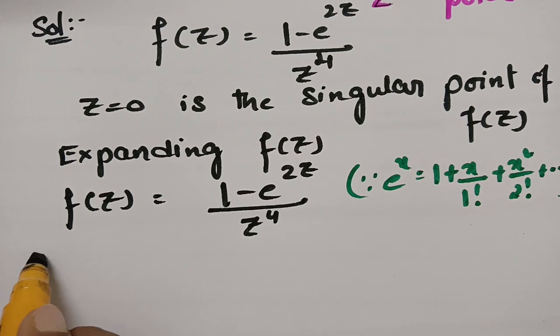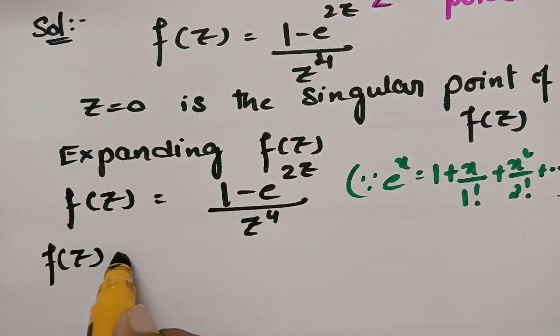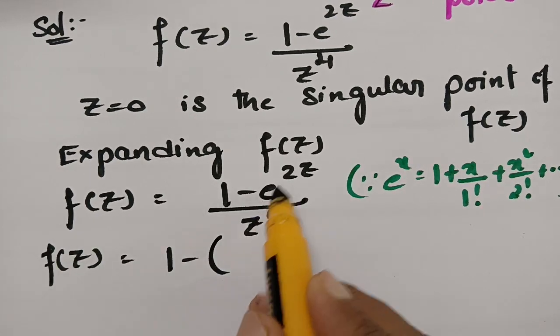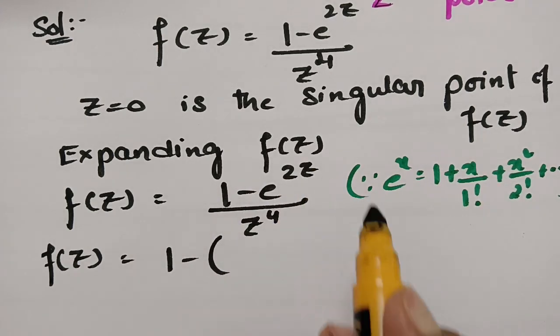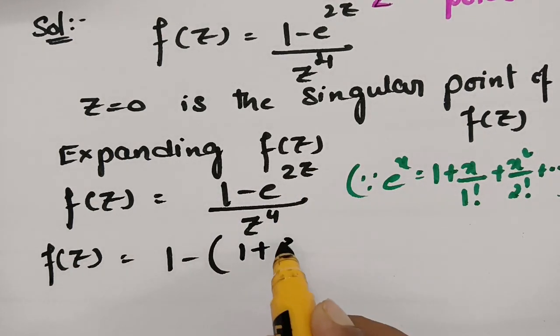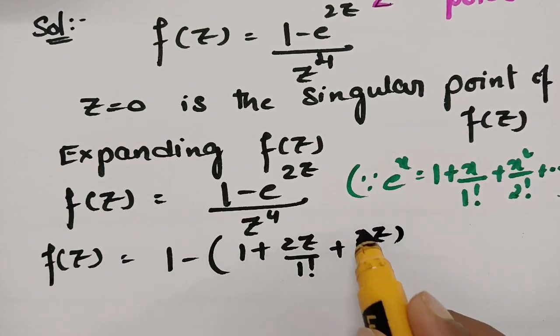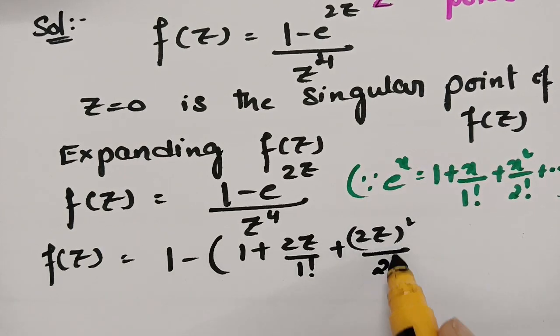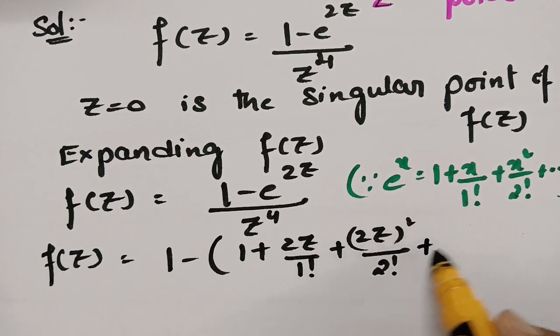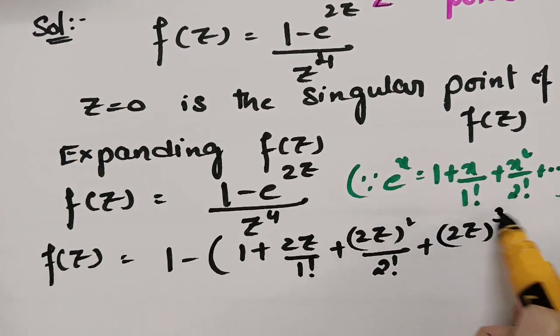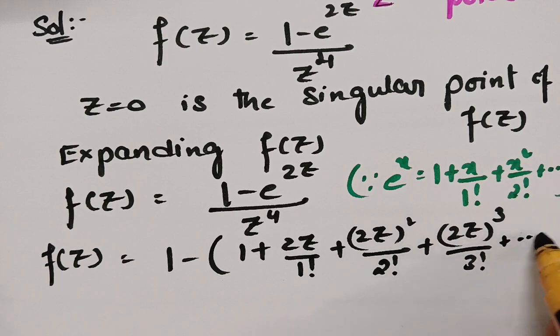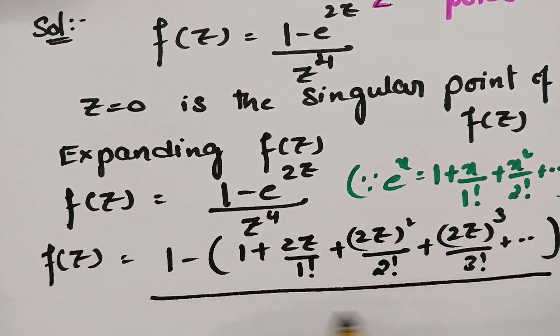So f of z can be written as 1 minus, e power x, in place of x we have 2z. So that is 1 plus 2z by 1 factorial plus 2z square by 2 factorial plus 2z whole cube by 3 factorial plus and so on, divided by z power 4. Clear?